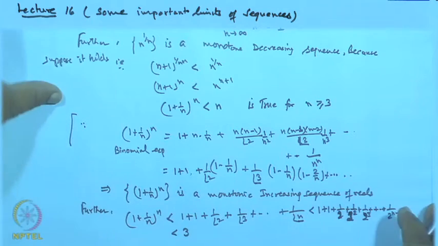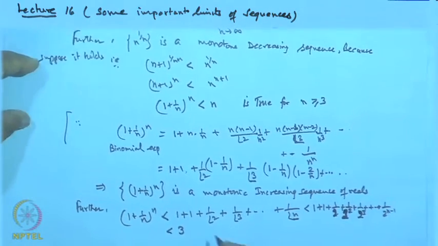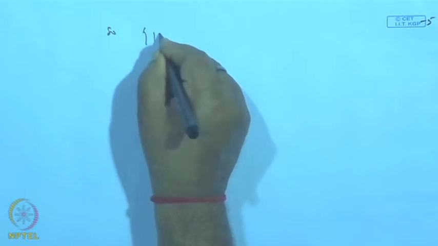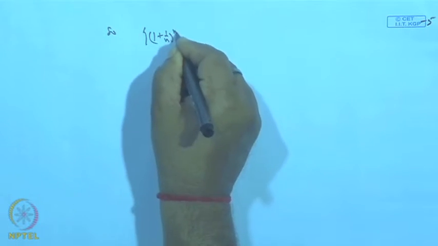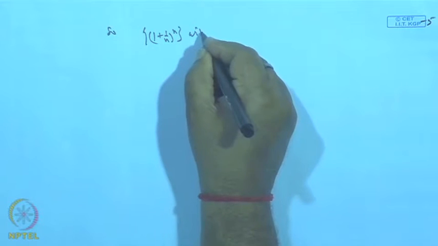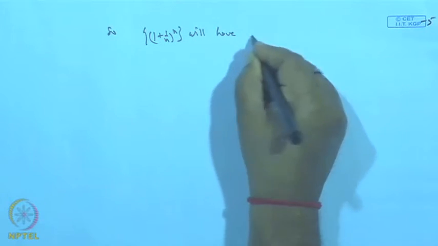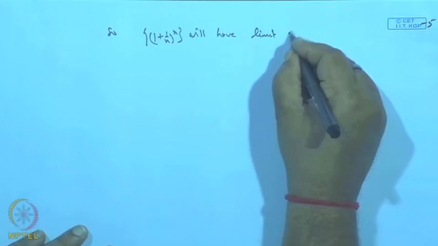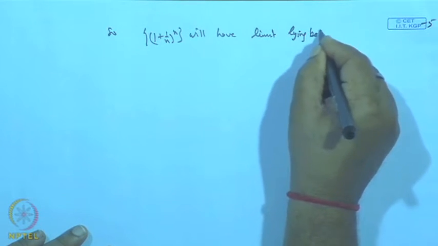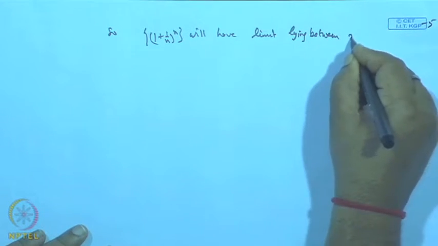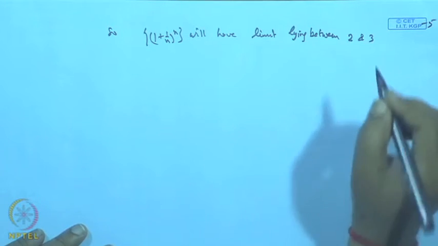So the sequence (1 plus 1 by n) to the power n will have its limit lying between 2 and 3. Okay.